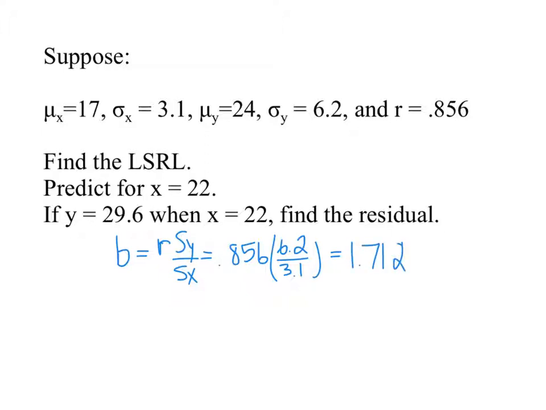And the way we get our y-intercept is we use the means. We do y bar minus b times x bar. So for us, the mean y was 24, so a equals 24 minus 1.712 multiplied by the mean x value, 17.